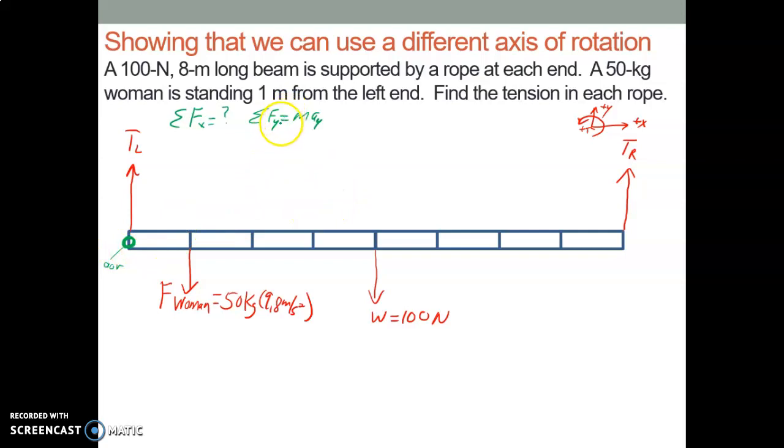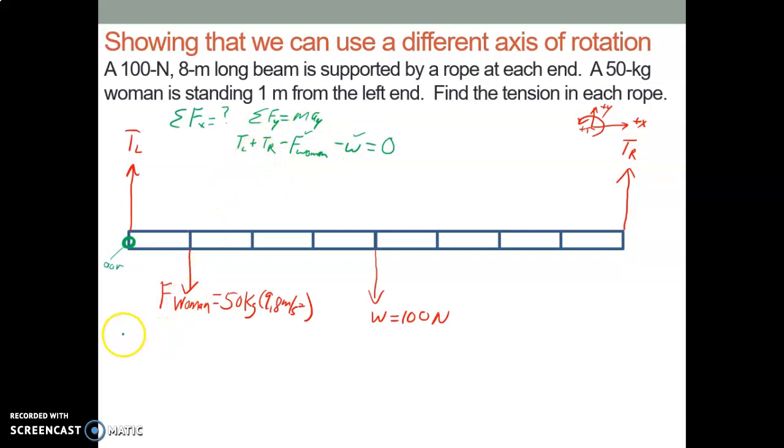Summing forces is just forces. We just look at the forces and we see T_L plus T_R, those are both upward, minus the force of the woman, minus the weight, and this thing's not accelerating, static equilibrium, so that's 0. We know the force of the woman and we know the weight, but we've got 2 unknowns, so we need another equation.